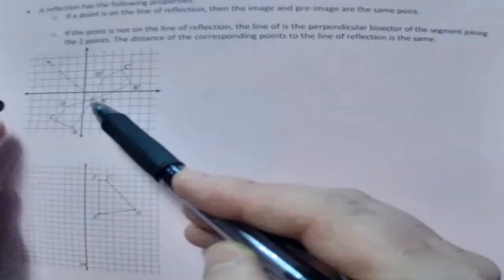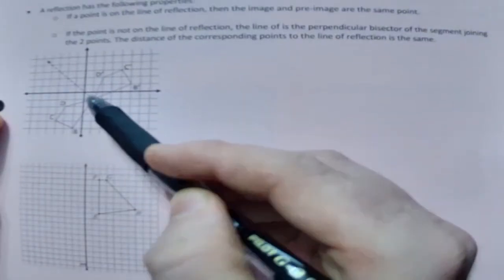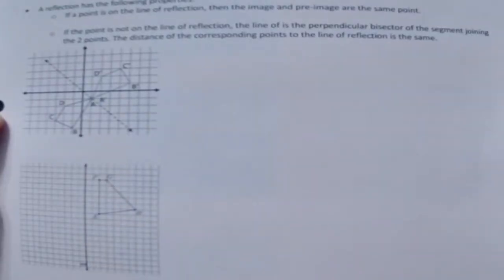With the pictures below it, it says a reflection has the following properties. If a point is on the line of reflection, then the image and pre-image are the same point. For example, here, A was on the line of reflection, so they both shared the same point because it's already on the line.